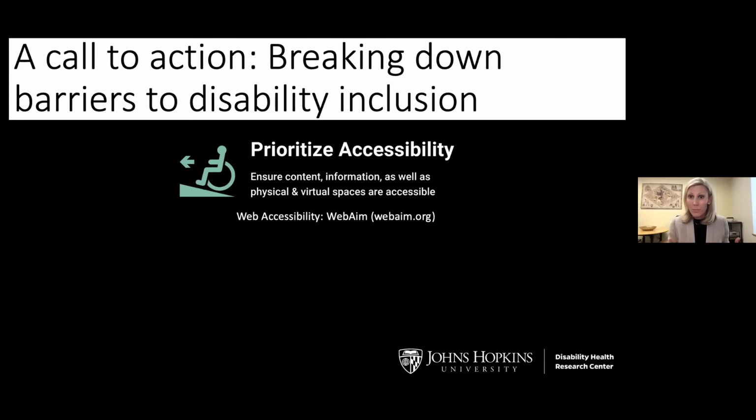Are they accessible? Accessibility should not be considered an extra or an afterthought, but instead a necessity, a priority, starting from when you're building something. If you're involved in something or you're in a space that's not accessible, say something, do something, even if you yourself don't have a disability.